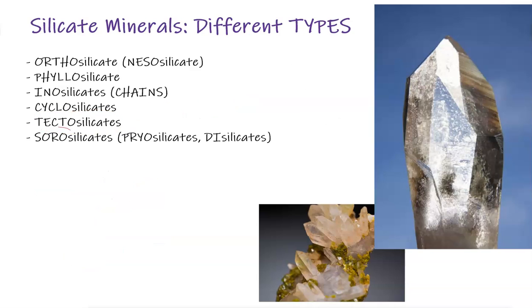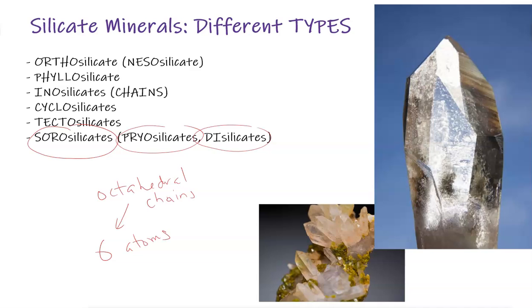Last is our sorosilicates, or also called pyrosilicates or disilicates. Now these are our basically octahedral chains. Now these chains, again, multiple patterns repeating, but octa means 6 atoms in chemistry. So what we're looking at is you have your silica, you have your oxygens, right?